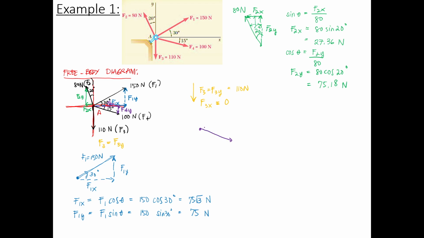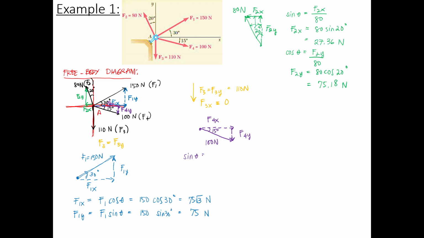Again, draw your triangle with the angle given in the problem. Since this one is your 15 degrees, this one will be our x, this one will be our y component, and this one is 15 degrees. That's 100 newtons. Then this one is F4y, then F4x. Using basic principles, we're going to have your sine function first.